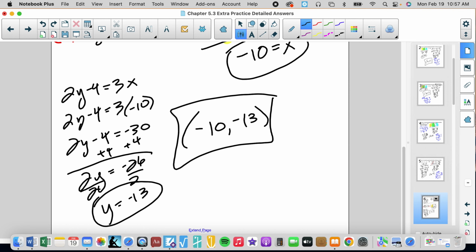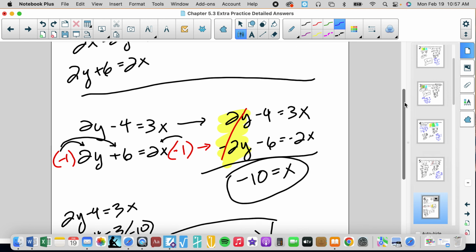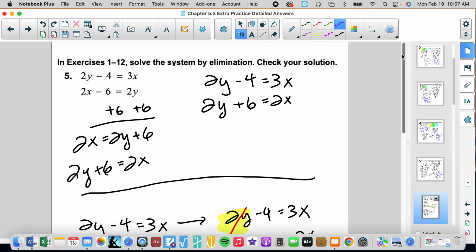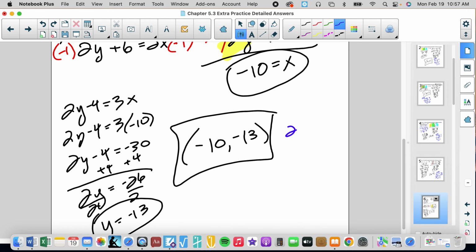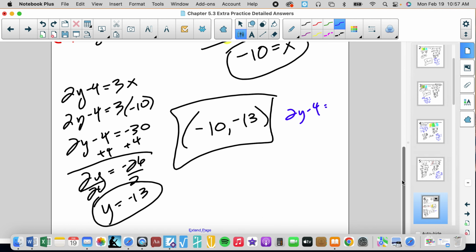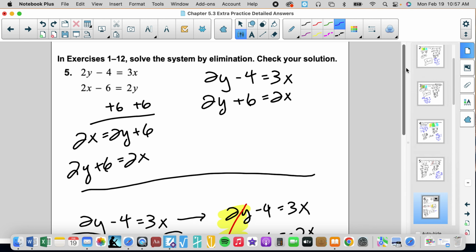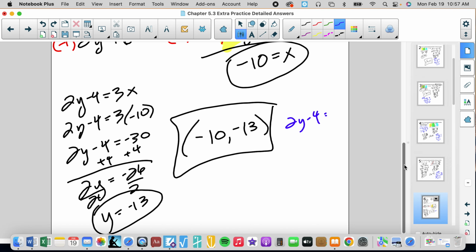And I'm going to check which equation. I'm going to check the one I haven't used yet, which is 2y minus 4. 2y minus 4 equals 3x. Oh, no, I already checked that, sorry. I already used that. 2x minus 6, sorry.